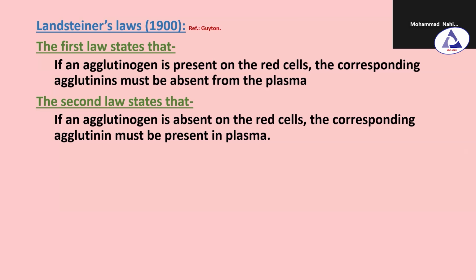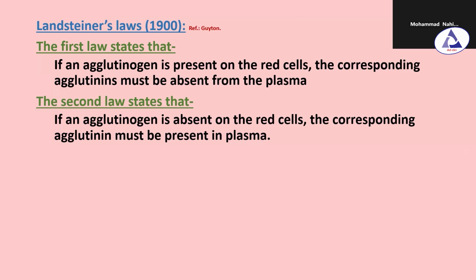And the second law states, if an agglutinogen is absent on the red cell membrane, the corresponding agglutinin must be present in plasma. So what does it mean actually? If your red cell membrane contains A antigen, the alpha antibody is its corresponding agglutinin.